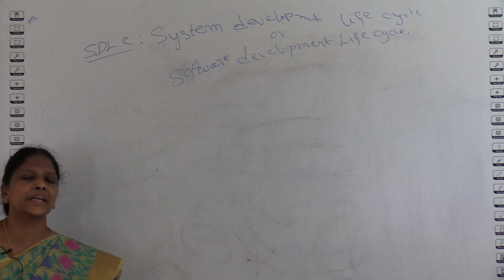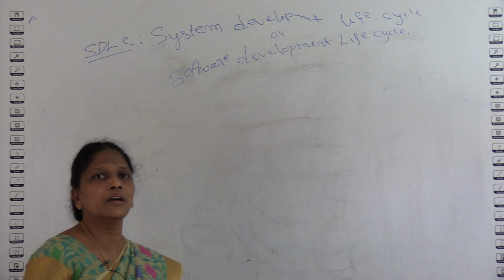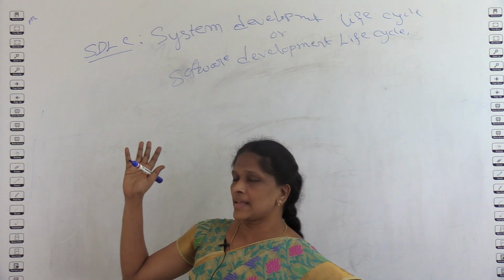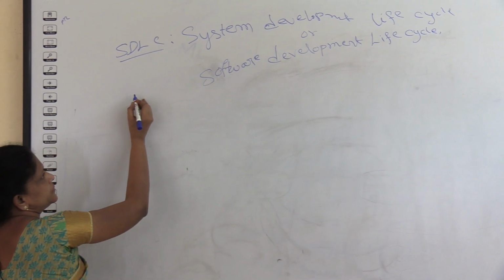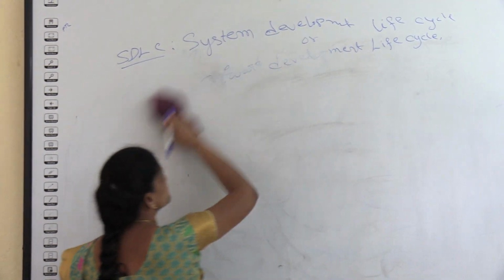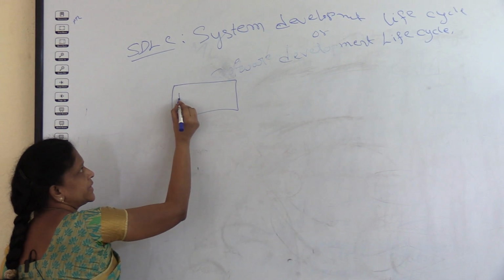If we want to develop any software, we must know the phases in software development. SDLC consists of 6 phases. First one is requirement phase.